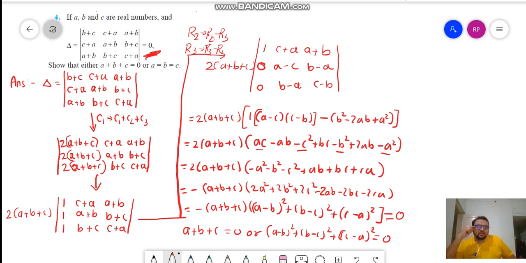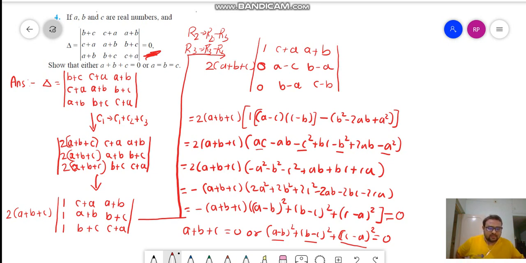Now see here, these three are perfect square. So none of them will be negative. And their sum is 0. That means all the three terms, or the three brackets, will be equal to 0.